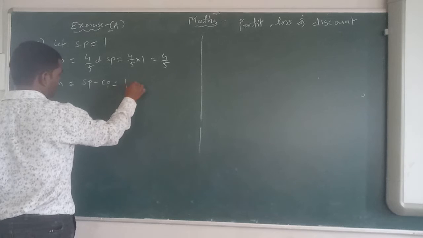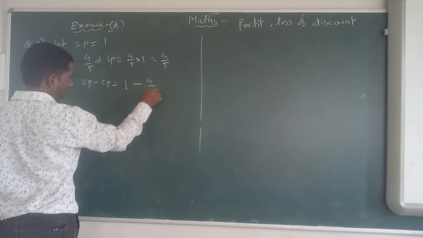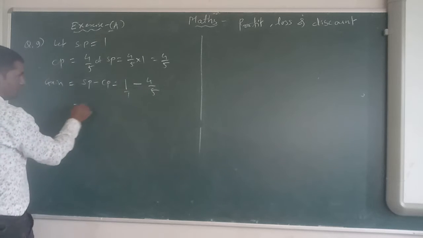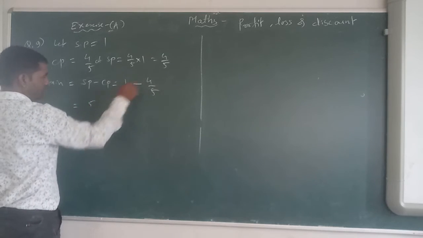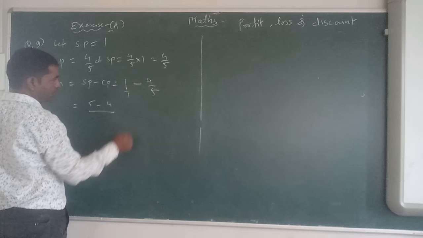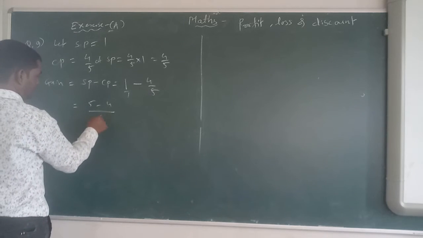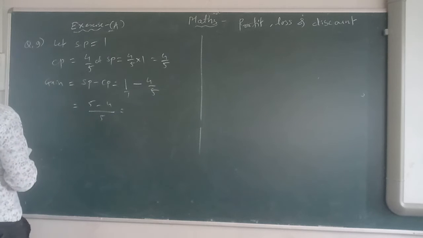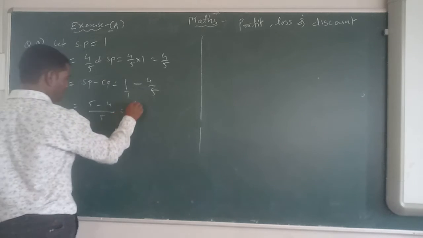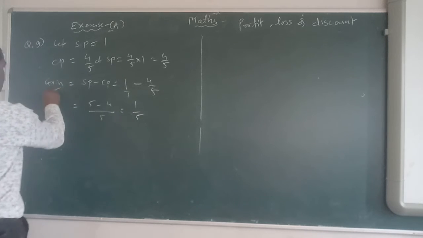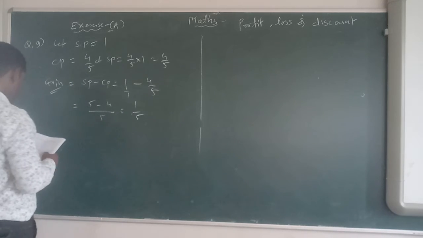SP is 1, so 1 minus 4 upon 5. 1 means 1 upon 1, so cross multiply. 5 ones are 5, 4 ones are 4, and 5 ones are 5. So this will be 1 upon 5. This is the gain.